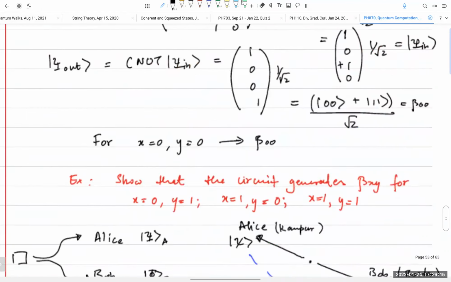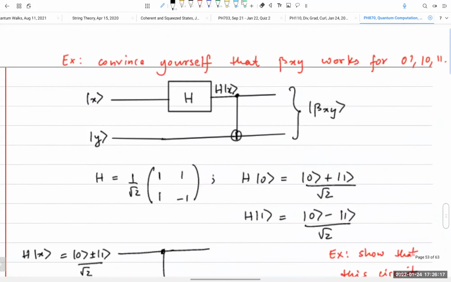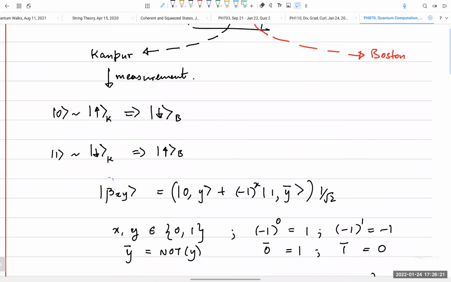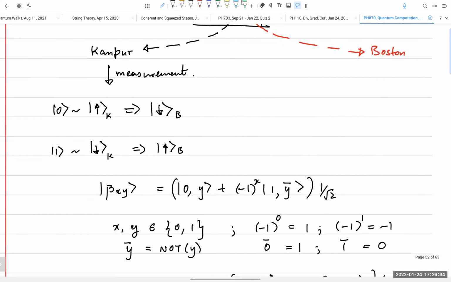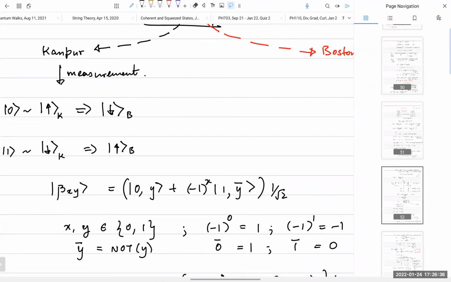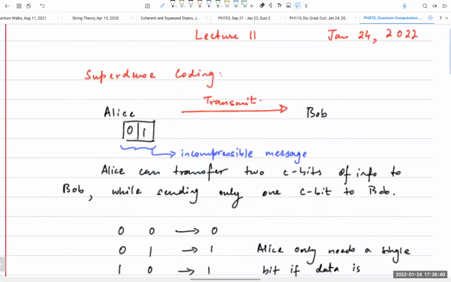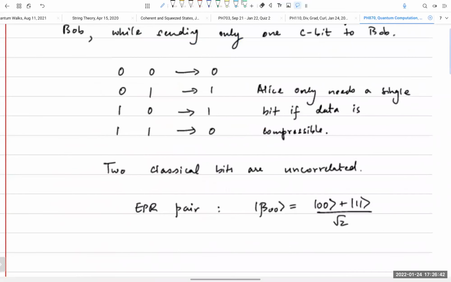Let me go and find that nomenclature. So this was the expression for the four different possible Bell states, beta 0,0, beta 0,1, beta 1,0, beta 1,1, there are four of them. So this is beta 0,0.